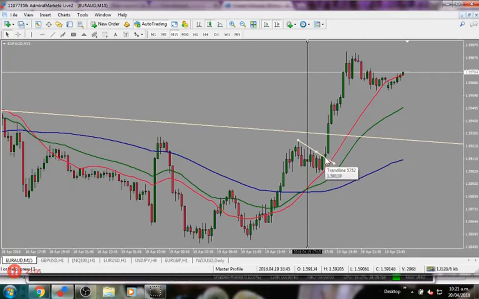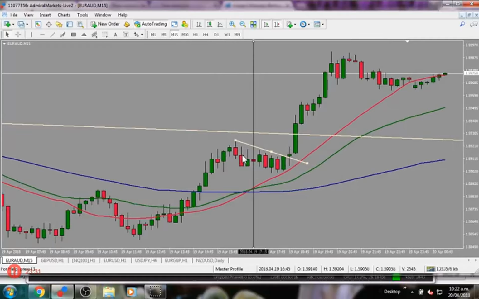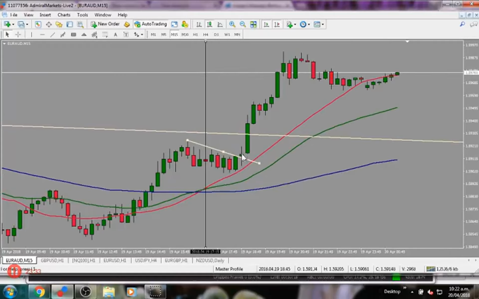And then I would say maybe this candle here that had quite big wicks in both directions, that's perhaps the first one to where you can say, okay, it's closed fully above the moving averages, and it's also broken that correction trend line. So that could be, for example, the first candle to say this would be a buying signal.